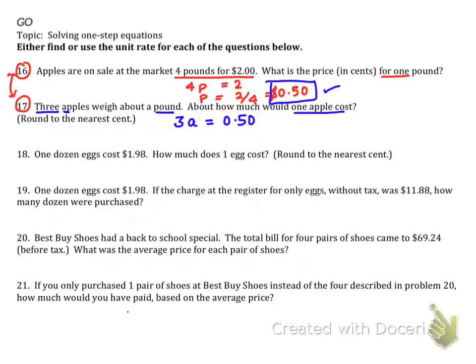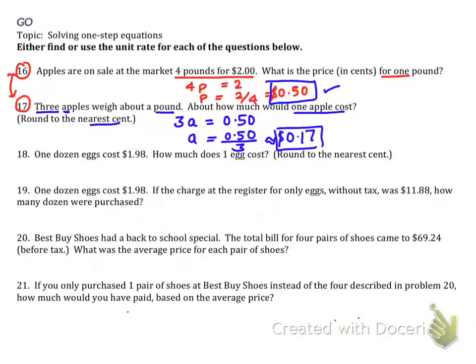So 3 apples is $0.50, so 1 apple is 0.50 divided by 3, which is roughly equal to 0.166, and when you round it to the nearest cent, $0.17. All right, so you have to check whether it's connected to the previous question or not.